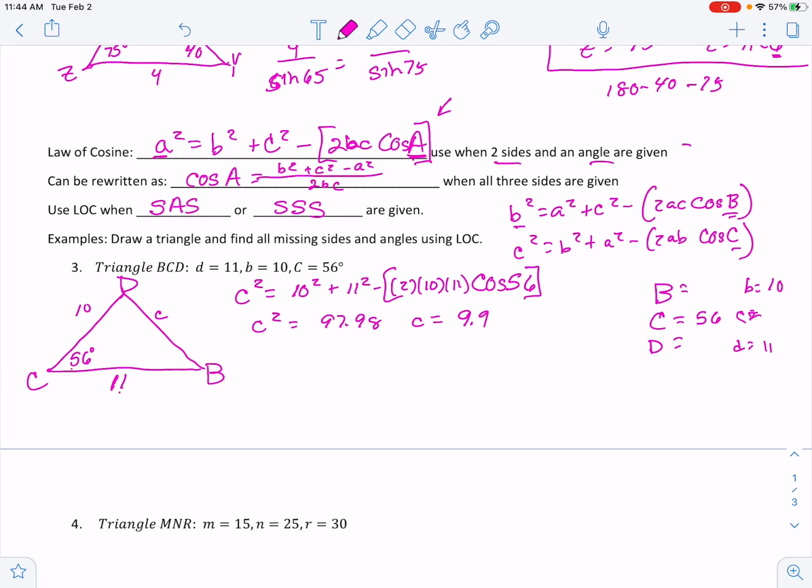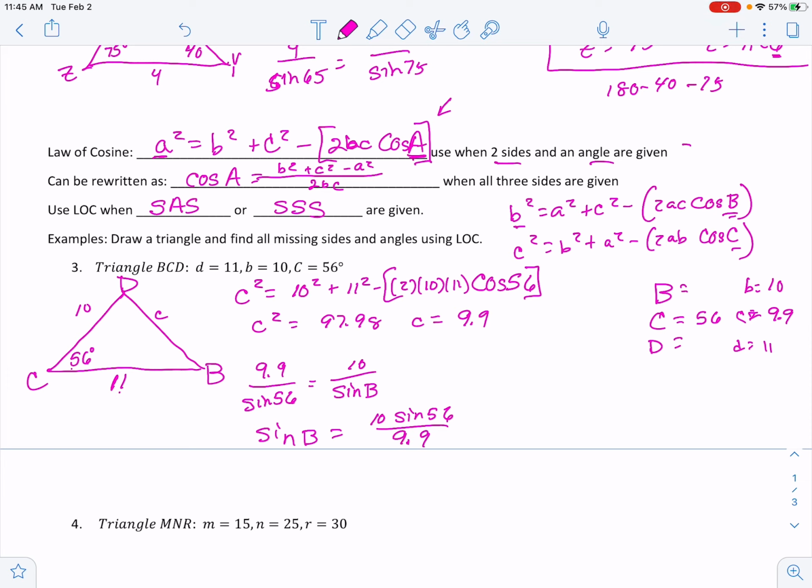All right. So once I have c is 9.9, I can go back and use the law of sines. I have 9.9 over the sine of 56 equals 10 over the sine of b. So I have the sine of b equals 10 times the sine of 56 divided by 9.9.